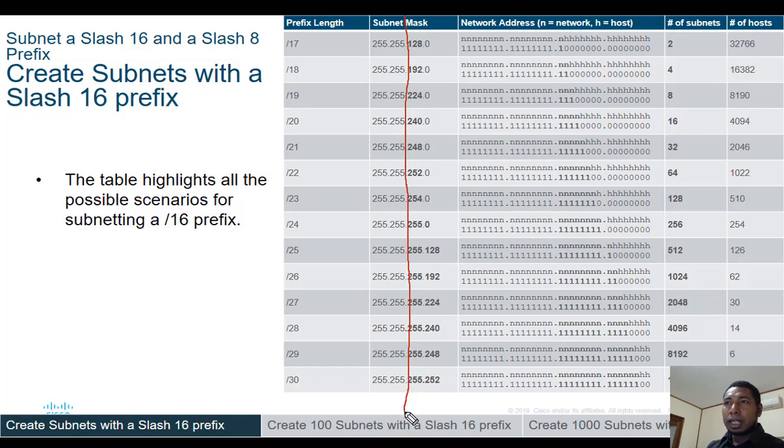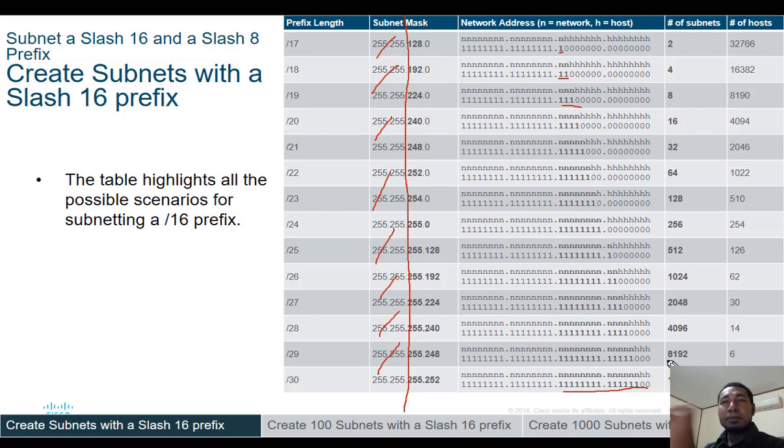We draw a line there, we don't touch everything on this side. We are now working with the third octet and the fourth octet. We start borrowing bits from here, and we keep borrowing bits until we have used up all the bits of the third and fourth octets.